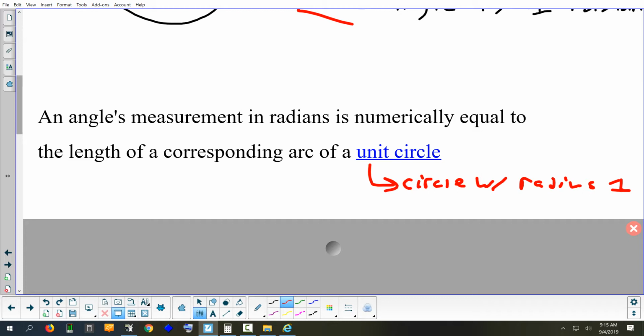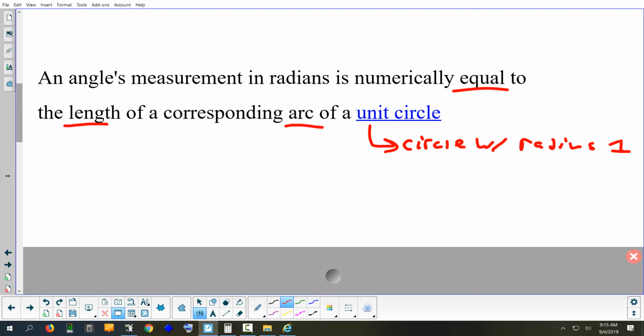All right, so now let's see if we can make sense of what that says. It says that if you measure an angle in radians, that's the first part, it comes out the same as the length of the arc. So here's a picture.